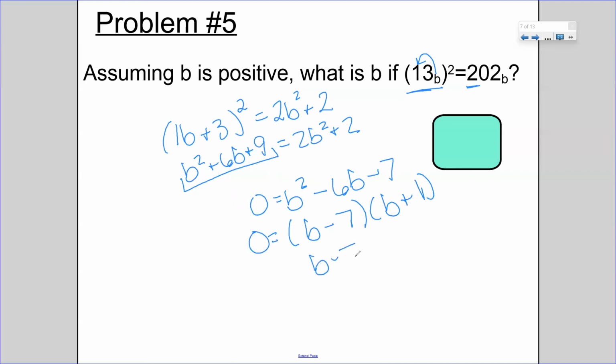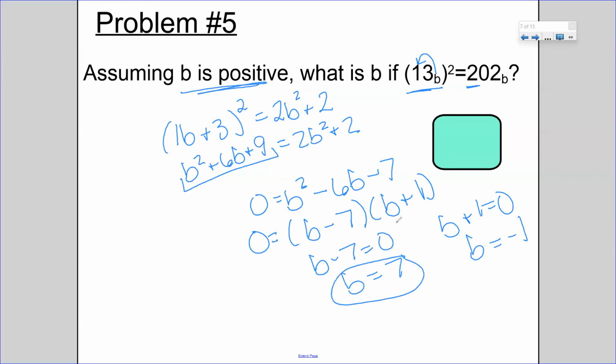So either B minus 7 equals 0, so B would be 7, or B plus 1 equals 0, so B equals -1. Well, we are told that B has to be positive, so our answer has to be B is 7.